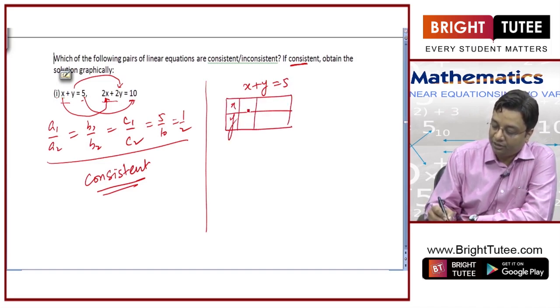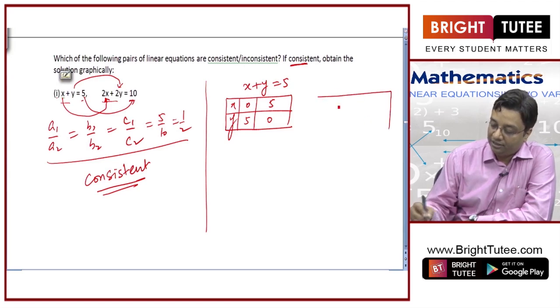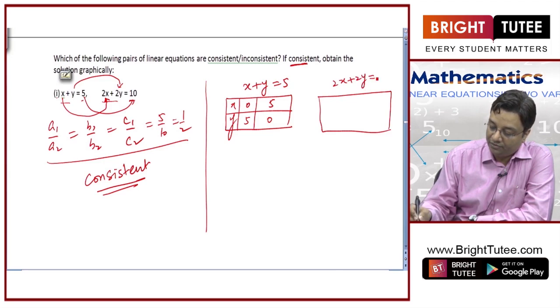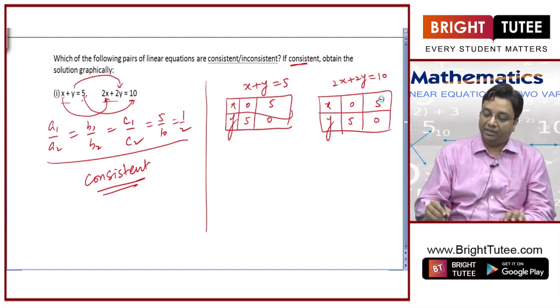x, y, if you put x equal to 0, y will be 5. If you put y equal to 0, x will be equal to 5. And similarly, you can make this graph here for 2x plus 2y equal to 10, right? If you take x equal to 0, y will be equal to 5. And if you take y equal to 0, x will be equal to 5. Okay.